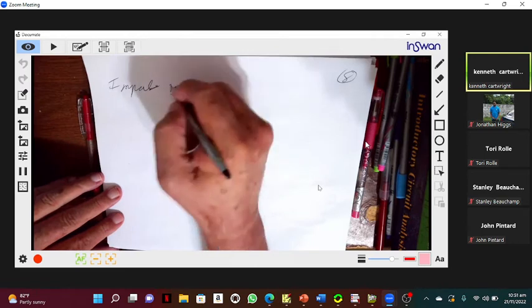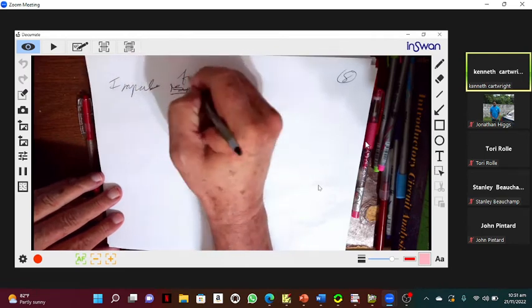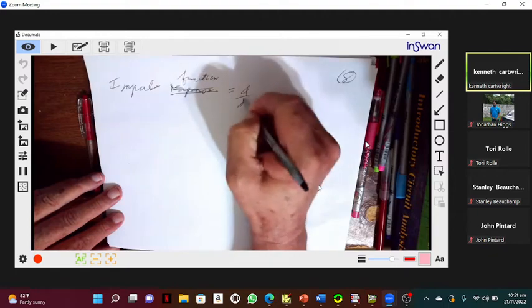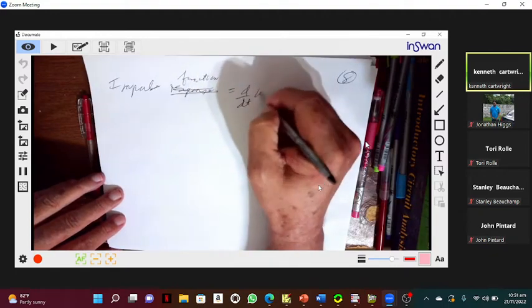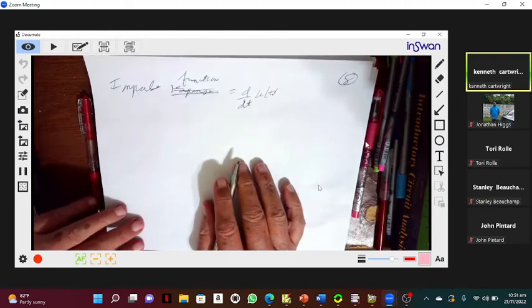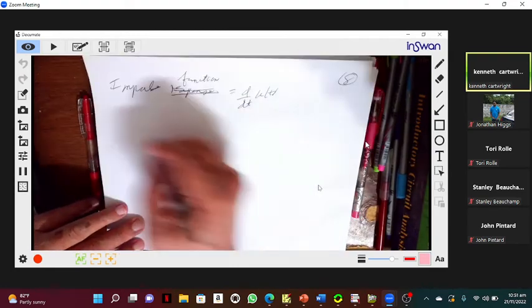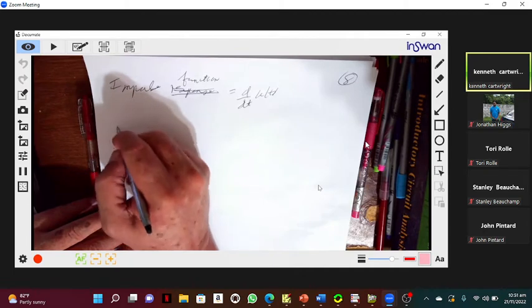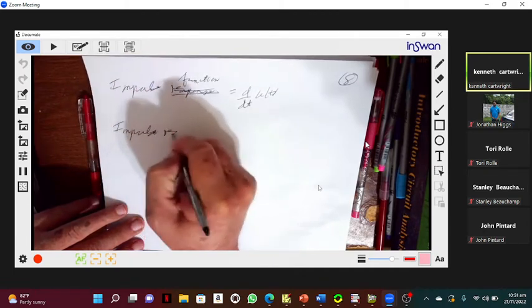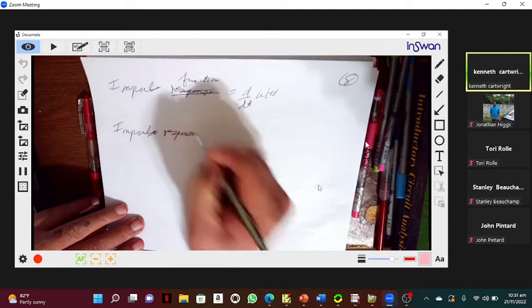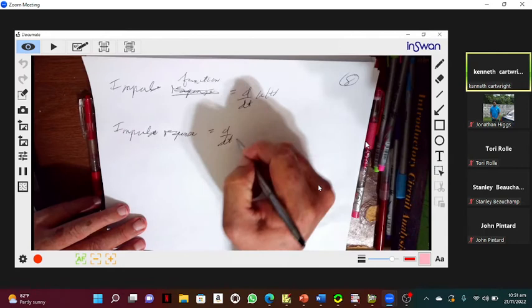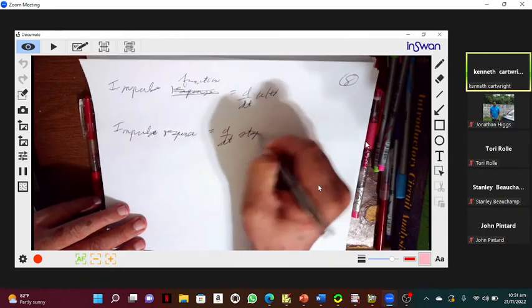Impulse function equals derivative of step function. Now, similarly, impulse response is derivative of step response.